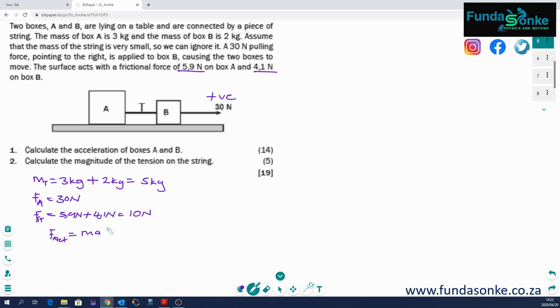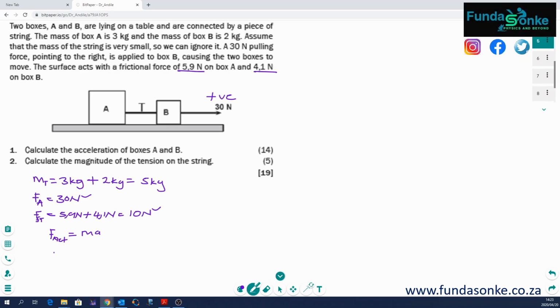From this equation, we should be able to calculate the acceleration because we know the mass is 5 kgs, and we can deduce the net force by considering the applied force and also the force of friction.